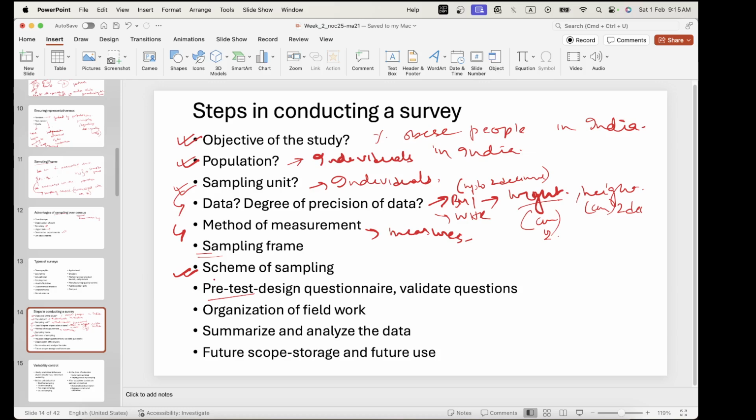Now, until and unless you go to that field, that practical problem might not be visible to you even. But if you carry out a small scale mock survey, which would mimic the procedures that would happen on field, then you would be better prepared to design the survey in such a manner that the final objective of your study is achieved with greater accuracy and less hassle.